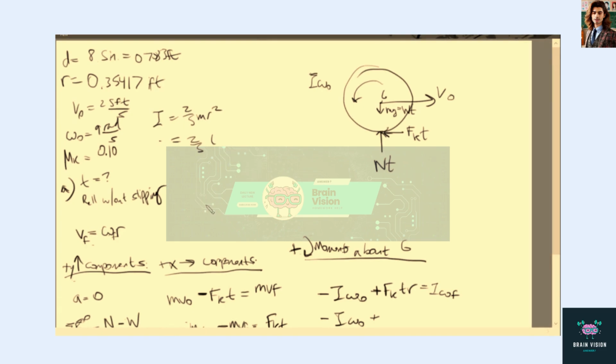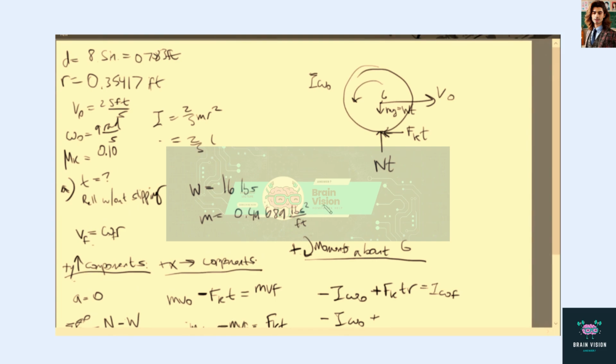Since we're using terrible imperial units, the weight is 16 pounds, so the mass is 16 divided by 32.2, which is 0.49689 pound second squared per foot.